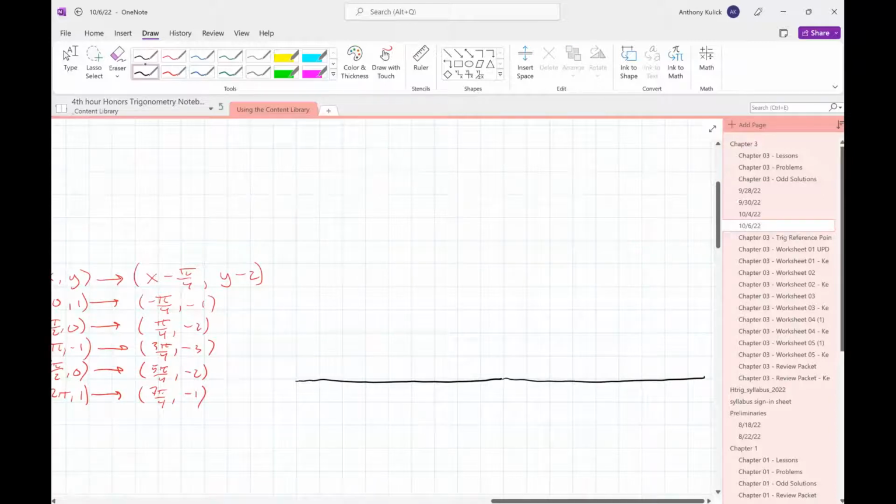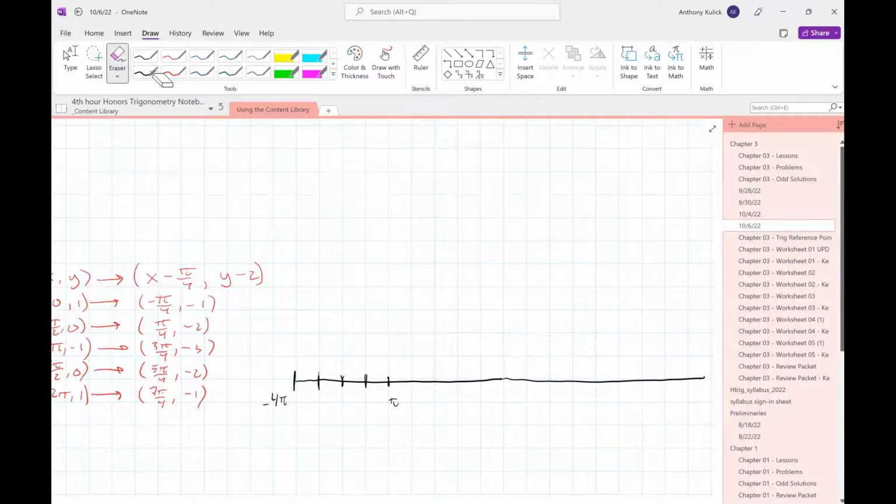So let's see, I have to go to 4 pi, excuse me. And each tick mark is going to be a quarter. Okay, so I'm going to need 16 tick marks on the left side. So this would be negative 4 pi. That'd be like negative 3 pi.